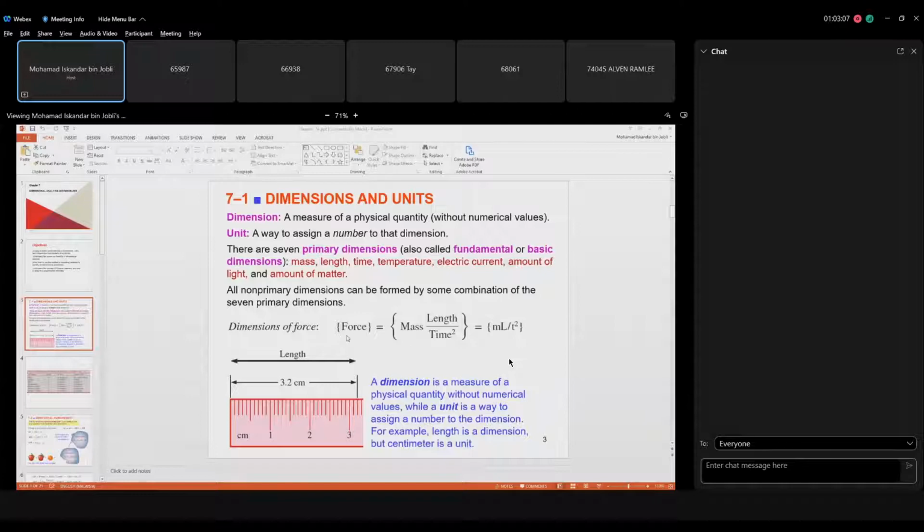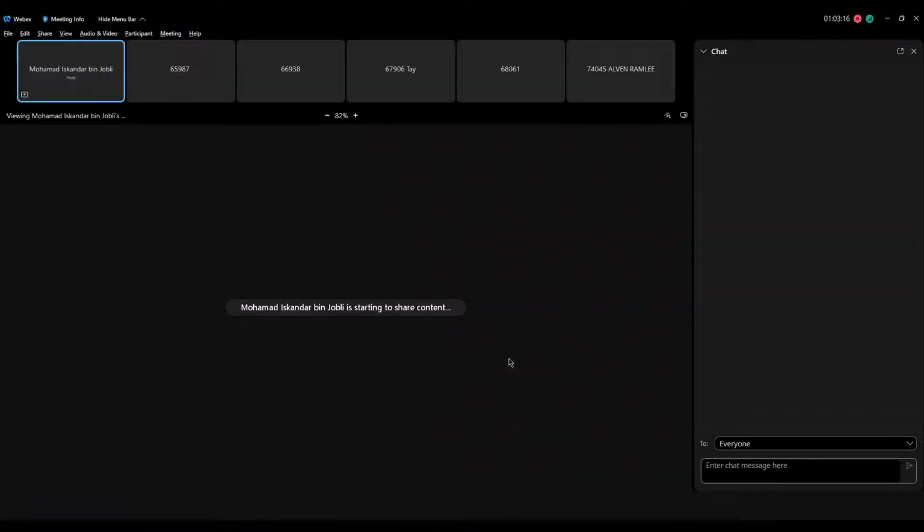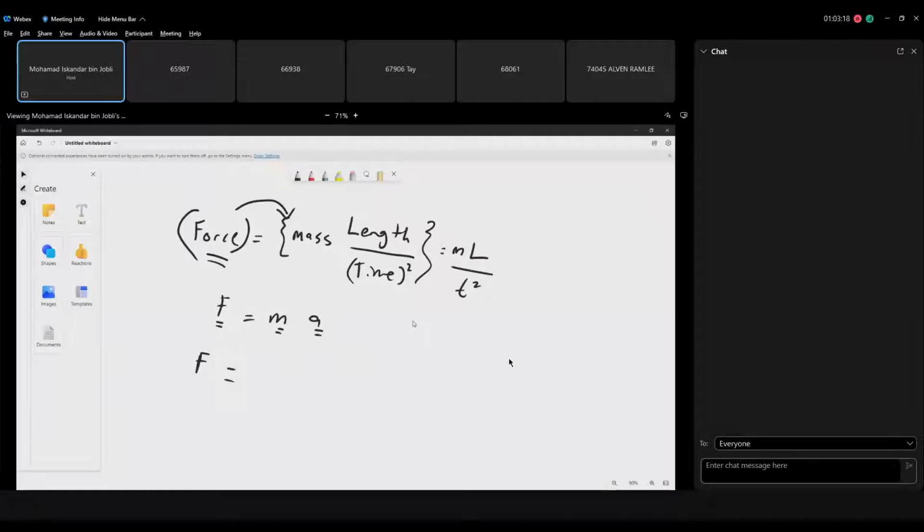You have force equals mass over length over time. Why is that length over time? Allow me to show you. Force is m. M is already in its primary dimension, because mass you just write down as mass. Now, it's not area, it's acceleration. Acceleration, on the other hand, is the rate of velocity.